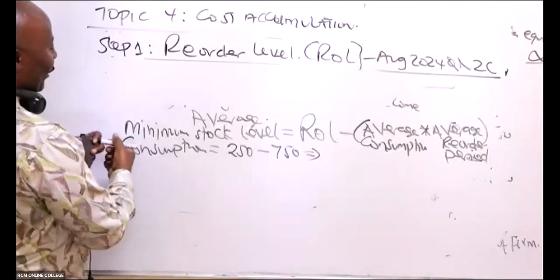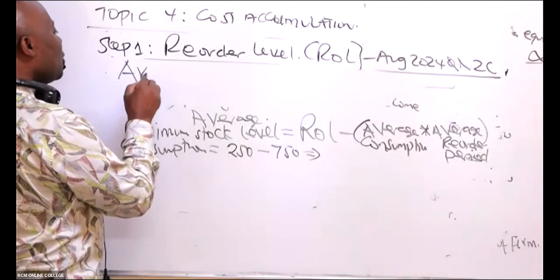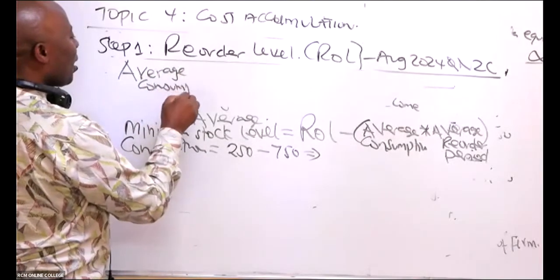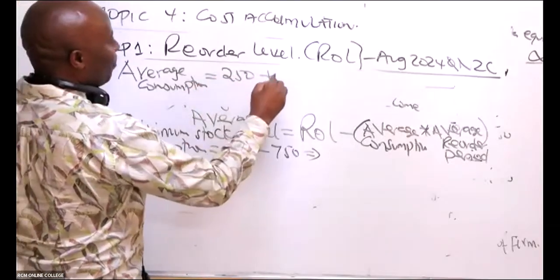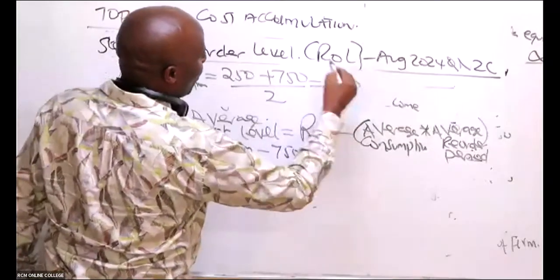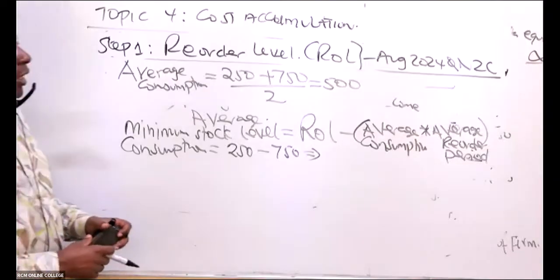500. So average consumption, it will be 250 plus 750 divided by 2, which gives us 500. Yeah, that is average consumption.